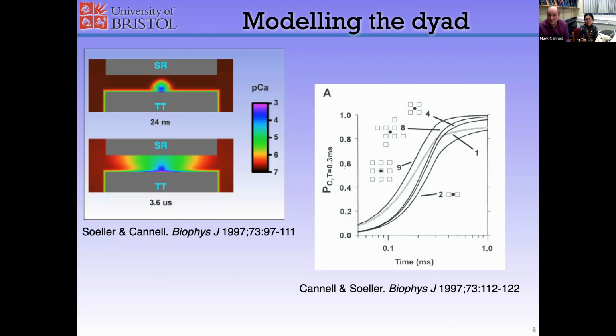At this time, we were led by Clara Franzini-Armstrong's ideas about how tetrads might be close packed together, so we looked at various packing organizations. The interesting thing is that the cluster activation is higher for one ryanodine receptor on its own than if you have two ryanodine receptors side by side, and the reason for that is because of the gradients of calcium being transduced by the ryanodine receptor.